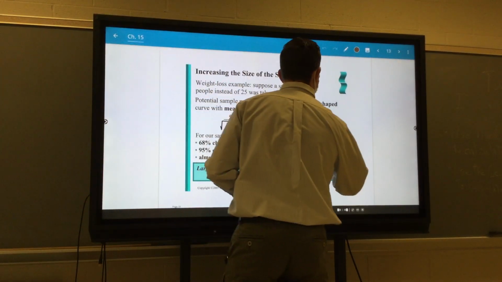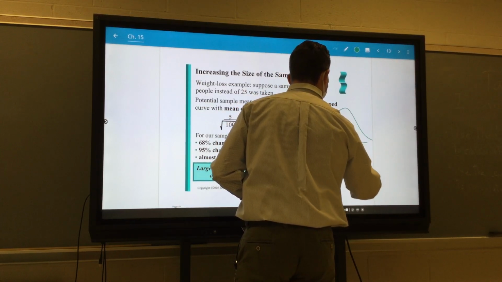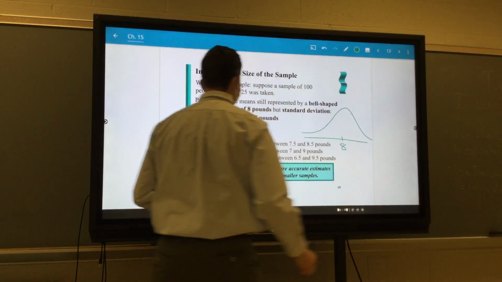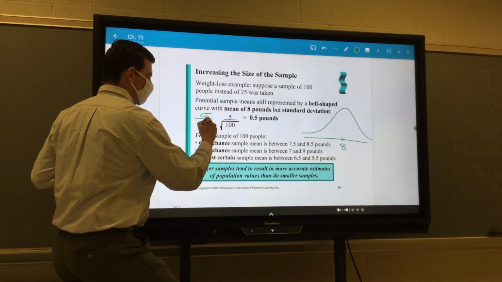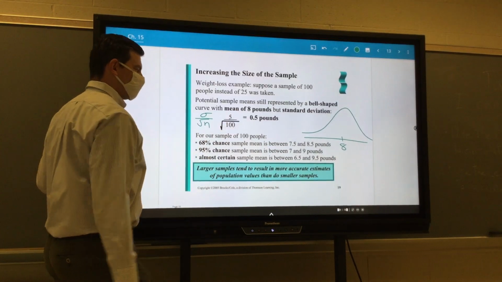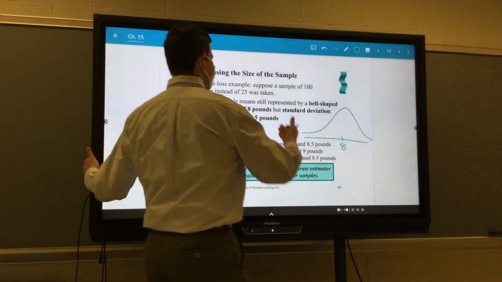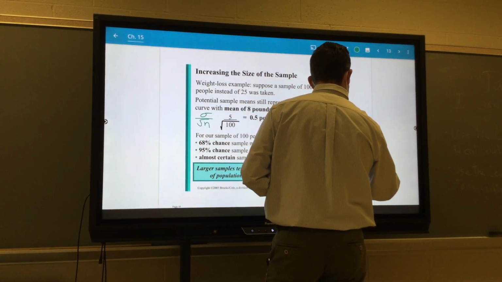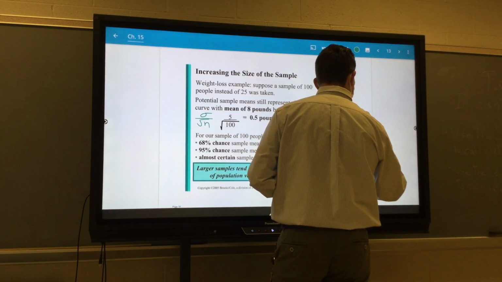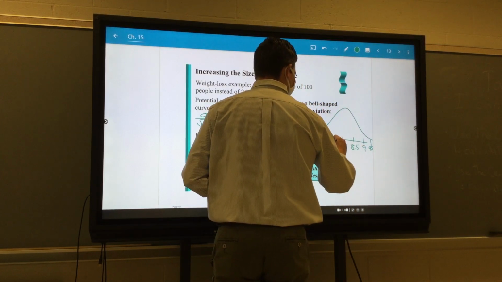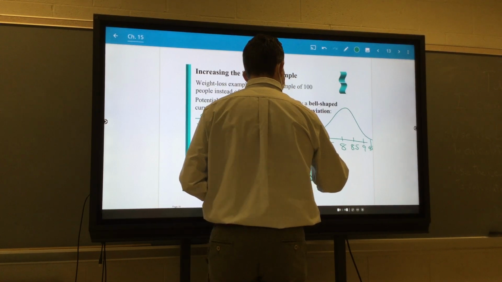We know that the center of this distribution is still going to be mu, 8 pounds, but now sigma over the square root of n: 5 divided by the square root of 100. The square root of 100 is 10, and 5 over 10 is 1/2. Now our step size is 0.5. So one standard deviation above is 8.5, then 9, then 9.5, going to the left, 7.5, 7, 6.5.